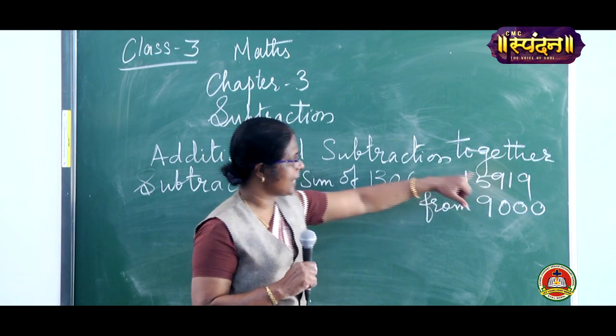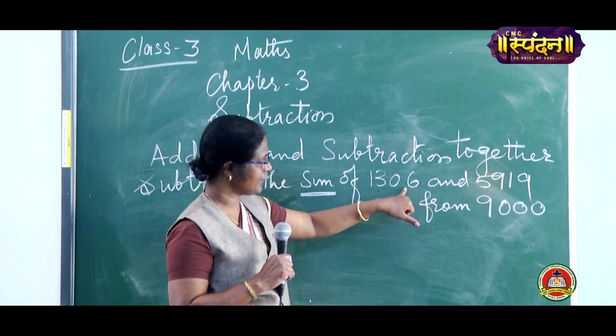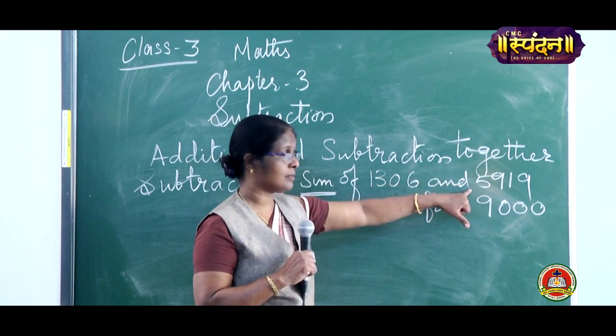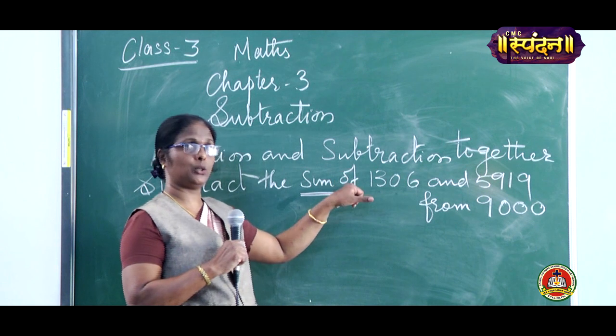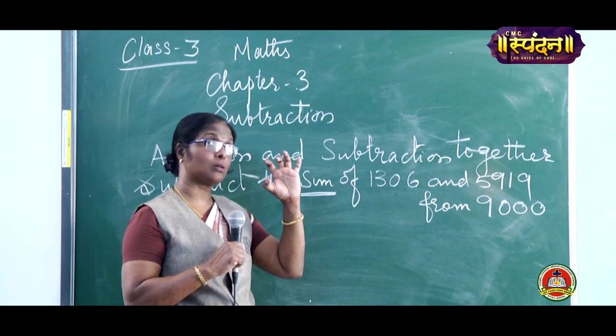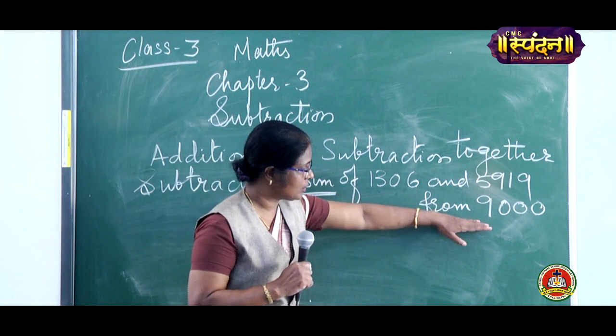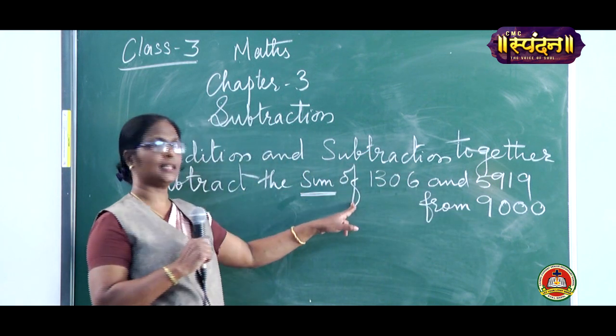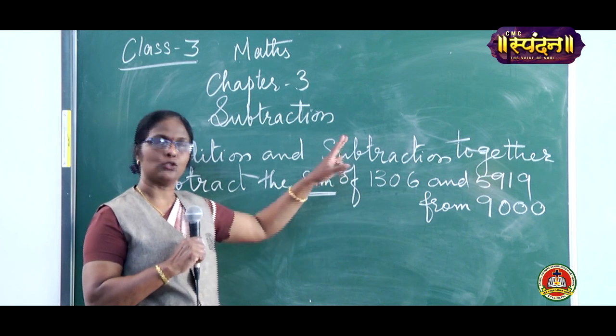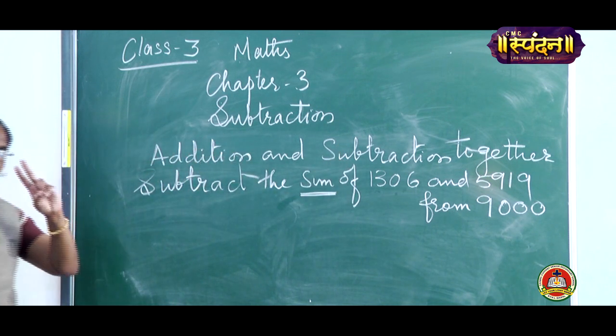You have to first add these two numbers, 1306 and 5919. You will get an answer that is called the sum. Now, from 9,000, you have to subtract the answer that you get after addition. So we will do this in steps.